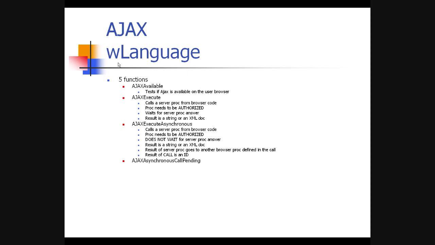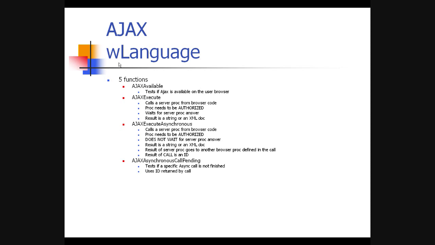So when the user continues to drag the scroll bar down, you want to know, is there another call already for that? So Ajax asynchronous call pending is doing exactly that. It tests if a specific asynchronous call is not finished yet, and for that it uses the ID returned by the call.